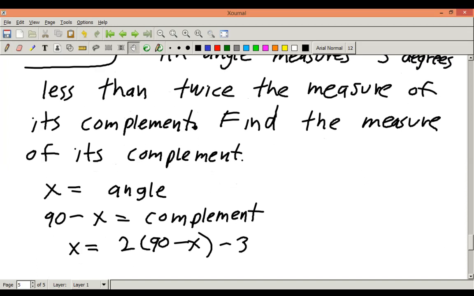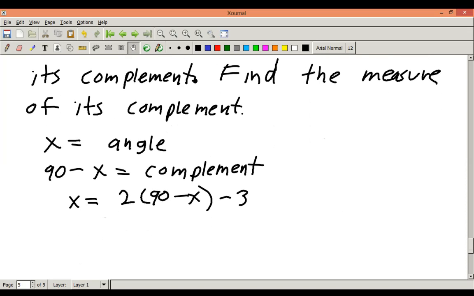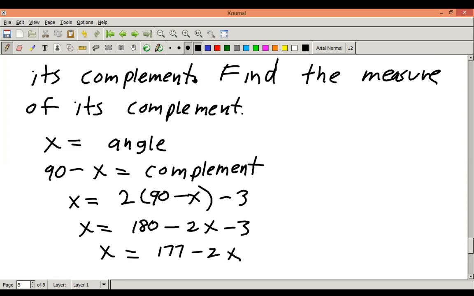Okay, so now we're going to go ahead and solve this equation. That'll give us the angle itself, and then, of course, we can just subtract from 90 to get the complement of that angle. So let's use our algebra skills here. So x equals 180 minus 2x minus 3. x equals, that'd be 177 minus 2x.